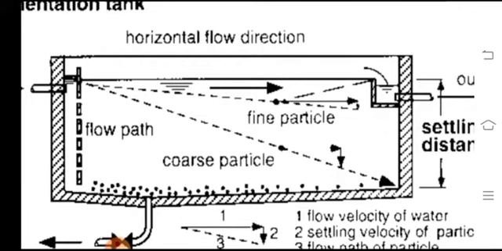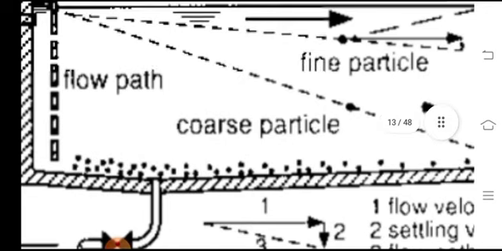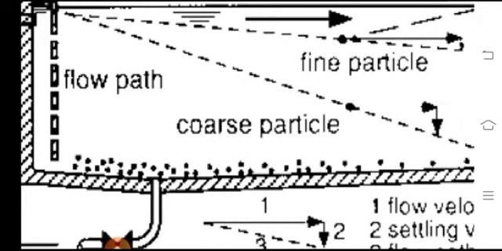main volume of the tank in which the horizontal flow will take place, and then the fine particles will have their movement at the top layers because there will be lesser settlement, while the coarser particles will have a tendency to settle down in the zone as mentioned here in this diagram.